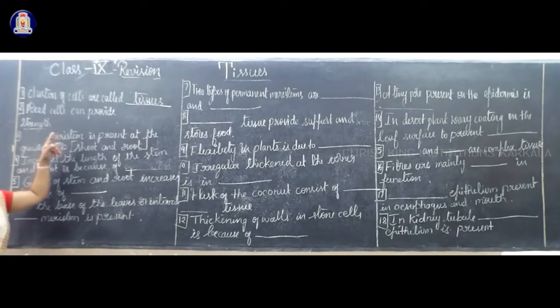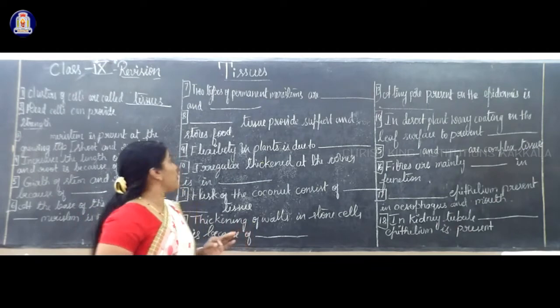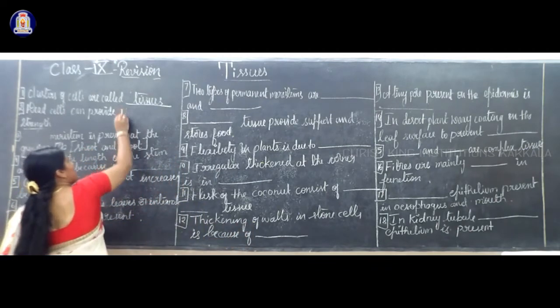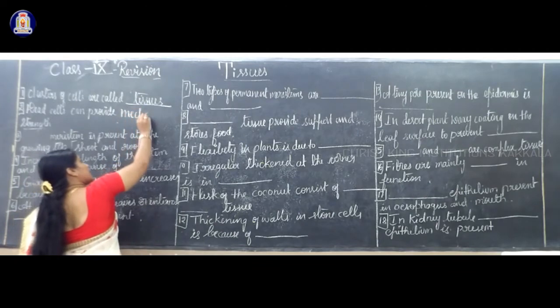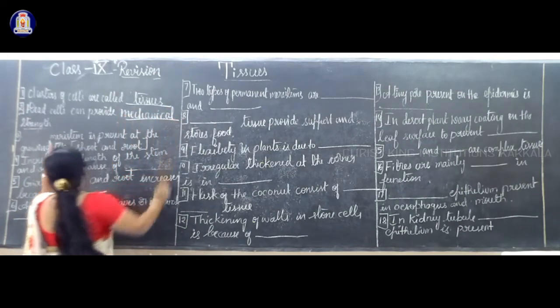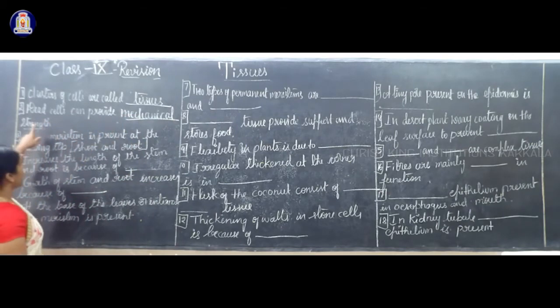Dead cells in plants can provide dash strength. It is mechanical strength. Again I will repeat: dead cells can provide mechanical strength. That is the second question.